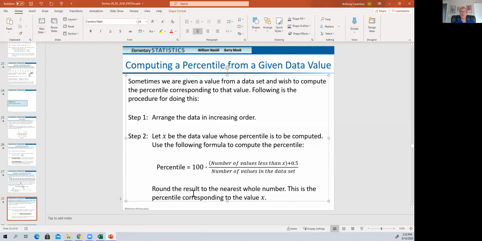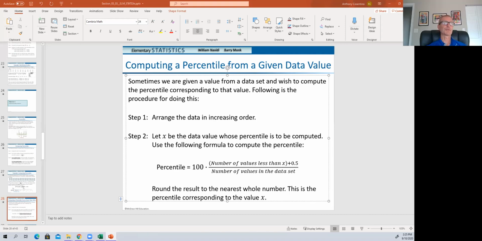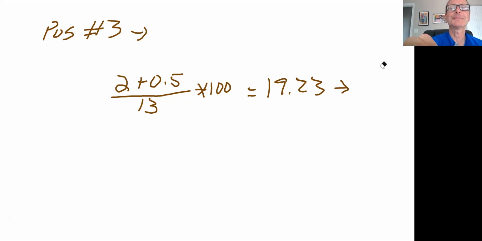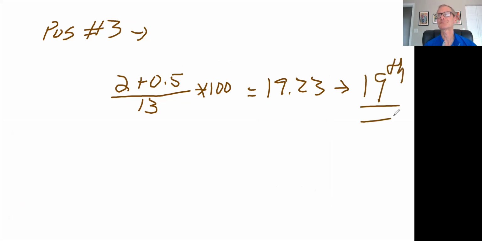We ended up with 19 and some change, right? And so we round the result to the nearest whole number. Oops, I rounded wrong. So the result is rounded to the nearest whole number. It doesn't say round up, it says round. Sorry about that. So that's not 20%. Teachers make mistakes too. 19.23, you would round down to the 19th percentile.